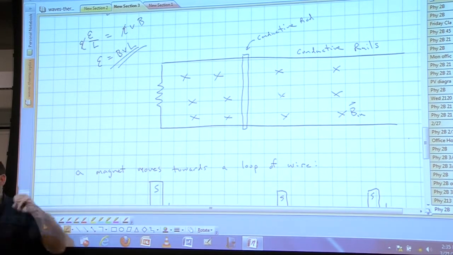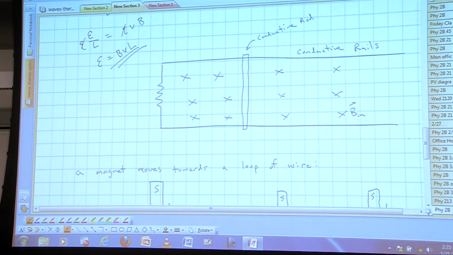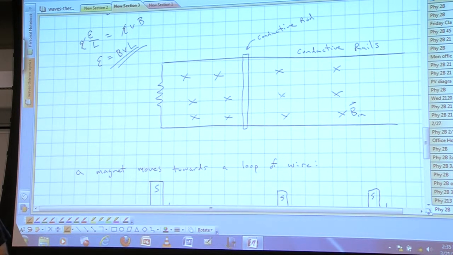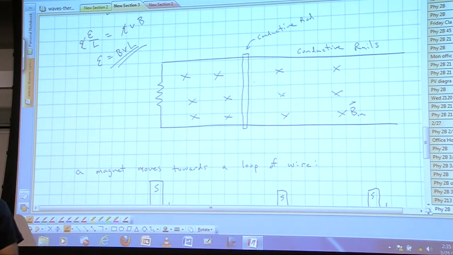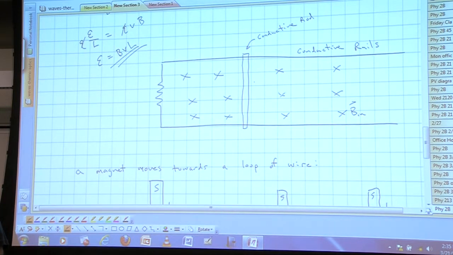And we used Faraday's law yesterday, last time. We used Faraday's law, and what did we come up with? We used that to figure out the EMF generated by this changing flux.